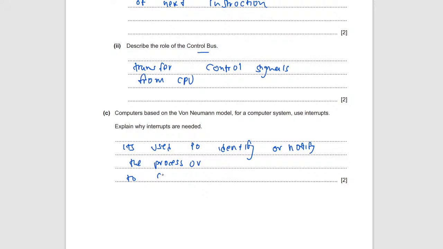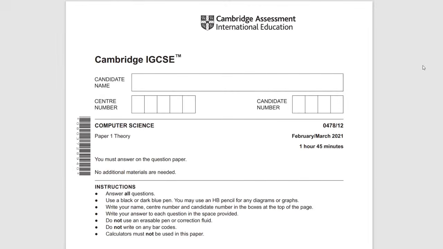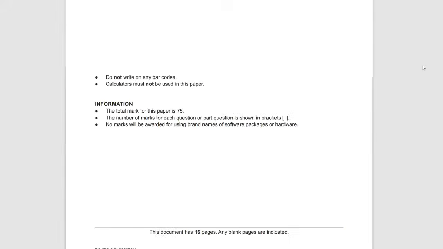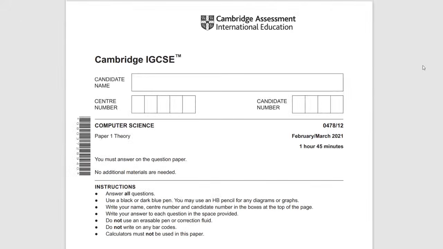This allows multitasking, because it's done by the operating system, right? And one of the uses of the operating system is multitasking, and that marks the end of this paper, which was March 2021.